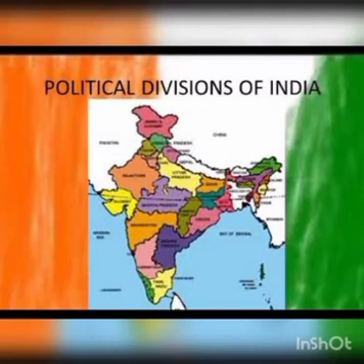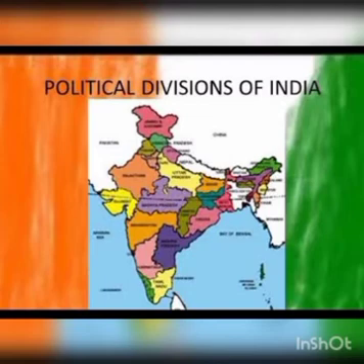But we know Tamil Nadu is directly controlled by the Chief Minister, that is a state government. But a Union Territory means it is directly controlled by the central government. Okay, ma? Okay.